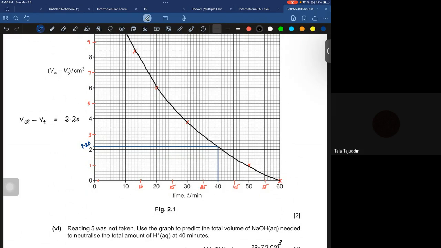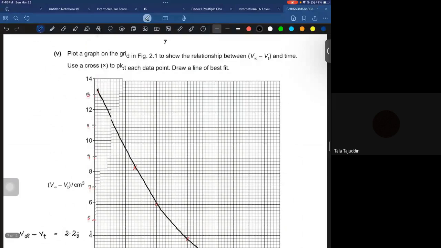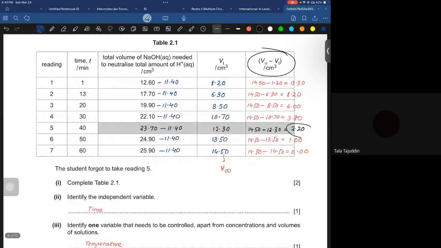So V infinity minus VT is the 2.20 that you got. Of course, 14.50 was the V infinity. So 14.50 minus 2.20.